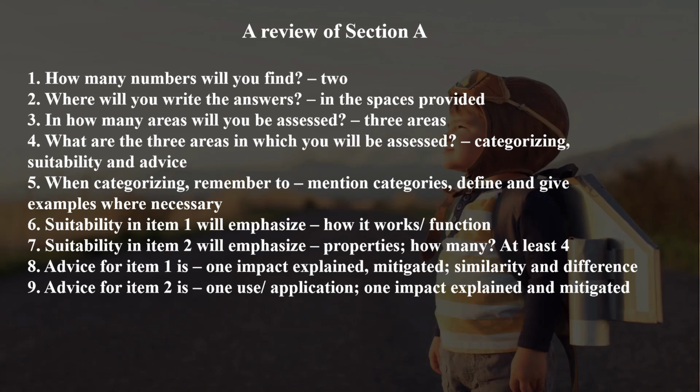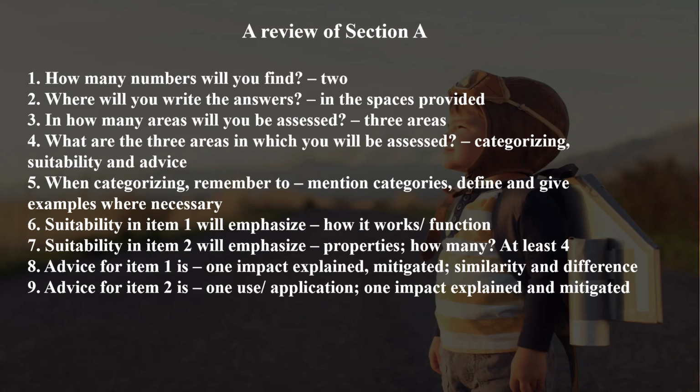then advising. Now, when you are categorizing, you mention the categories, you define and give an example where necessary. Unlike for item 1, where you give a category, you explain how it works.